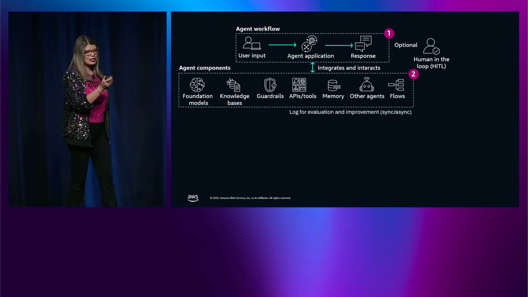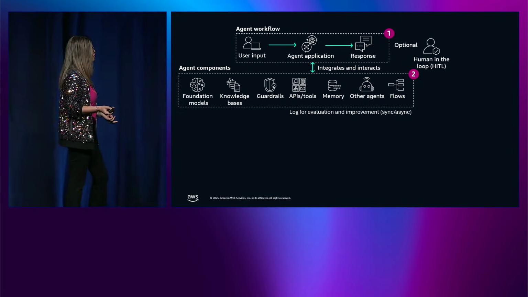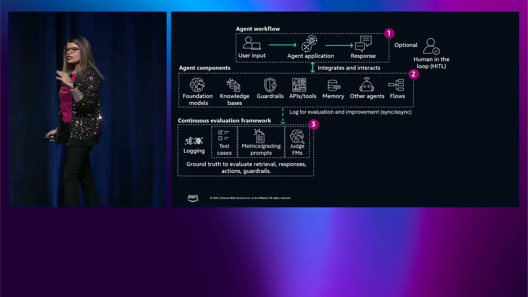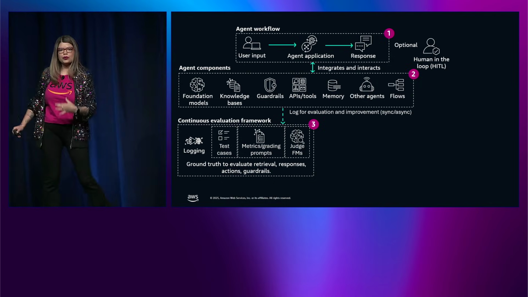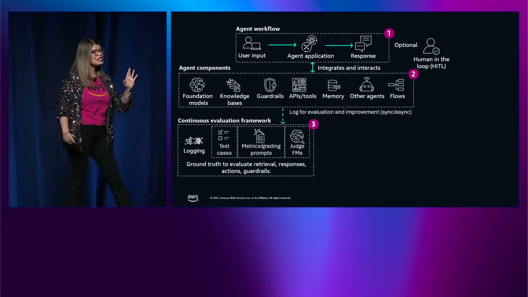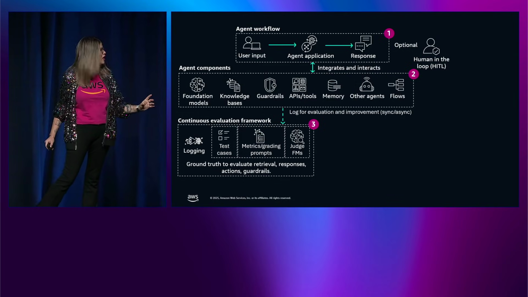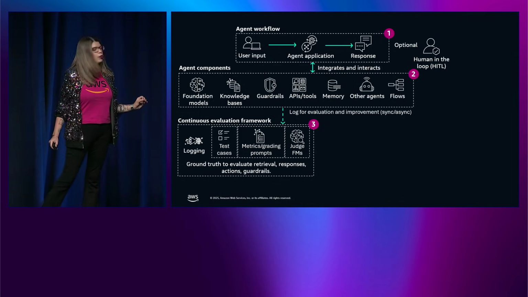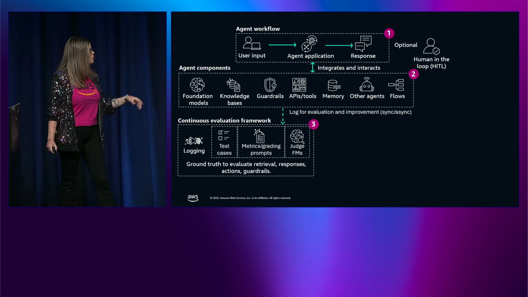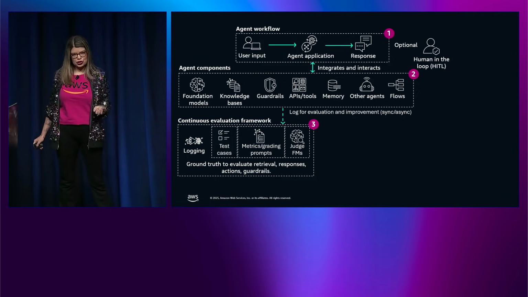We're going to check a small demo about it. The continuous evaluation framework, so the necessary metrics that we need to provide so we know how to improve, even if it's necessary to improve our systems. We can use humans to check it, or we can use also LLM as a judge.